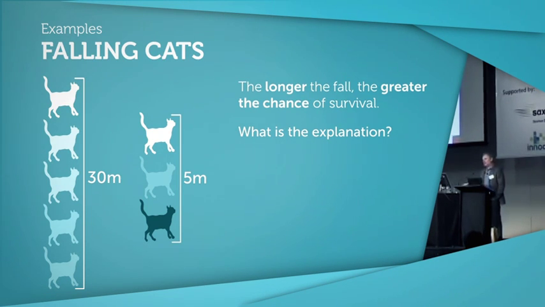Some explanations were unbelievable, and my favorite was the explanation of terminal velocity, meaning the cat is falling from really high level. After a while, it doesn't accelerate any longer. At this stage, it relaxes, spreading its arms, and somehow the impact is a little bit better, whatever it may be.